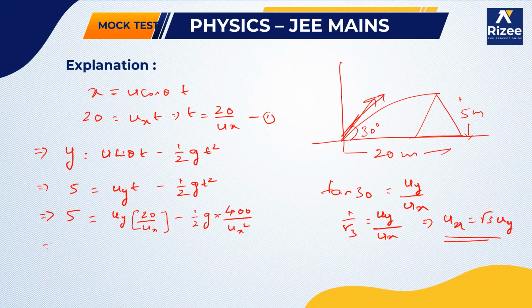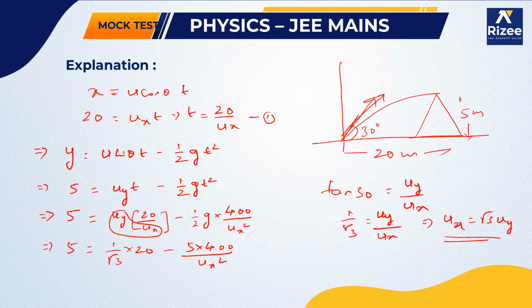The value of uy by ux is 1 by root 3, so 5 is equal to 1 by root 3 into 20 minus 5 into 400 by ux square, where I have taken g as 10.